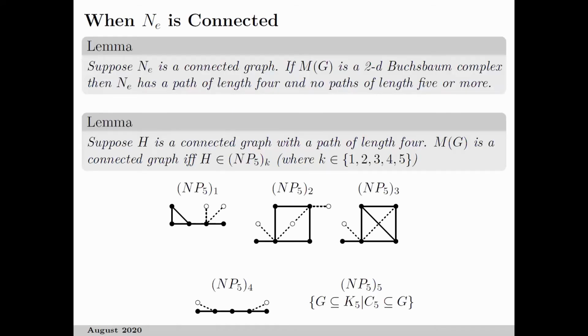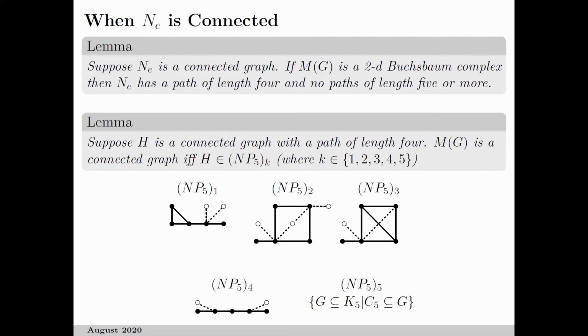If n sub E is connected, we started by showing that if M of G is a 2D Buchsbaum complex, then n sub E has a path of length 4 and no paths of length 5 or more. Where by a path of length 4, we mean 4 edges strung together in a line. Knowing this, we then found all the n sub E structure when it is a connected graph.